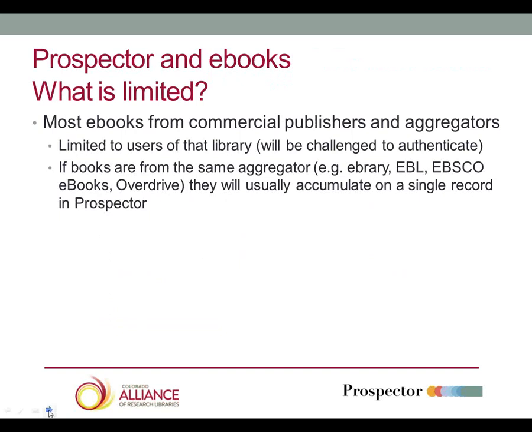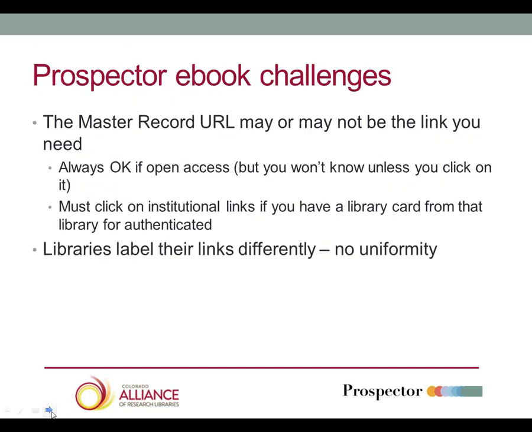So in general, what's limited is most ebooks from commercial publishers and aggregators. If they're from a single aggregator, you'll see them all on the same record usually in Prospector. One of the other challenges we have is how we display ebooks in Prospector.